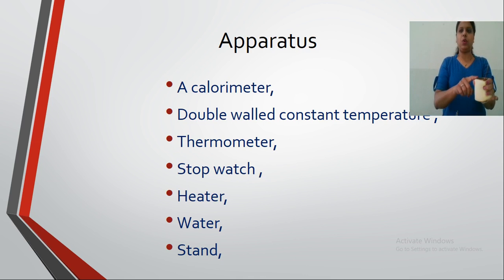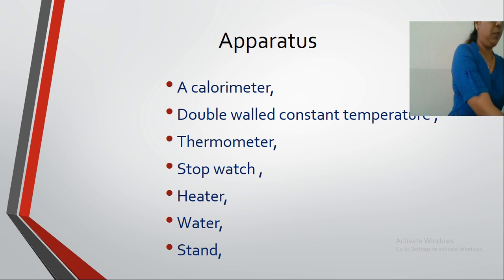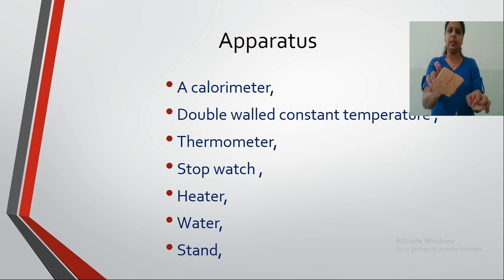Now this water will be heated for taking readings. This water should be above 100 degrees Celsius, so boiling water, in short, we need to take in this vessel. We'll put it in after heating, and we'll keep one lid so that the exchange of heat will not take place. So this is one lid.